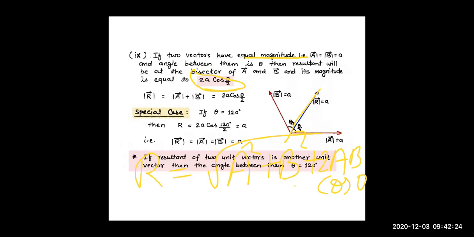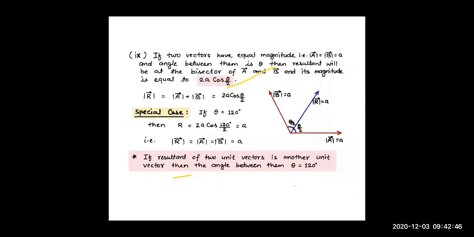You need to put the value, that is a and b are of the same magnitude. So instead of a and b, you can just put x, or you can just put a small a, and finally what you will get is the value of r as 2a cos theta by 2. This will be the resultant, right, children?